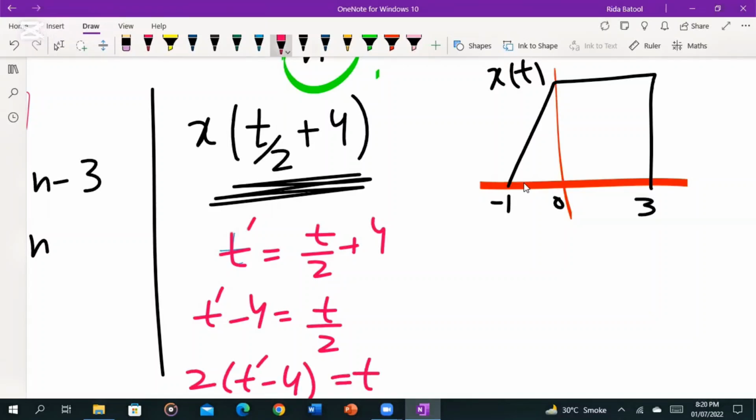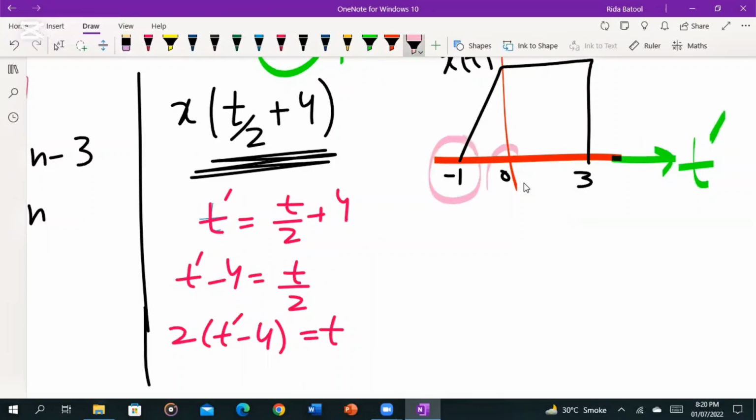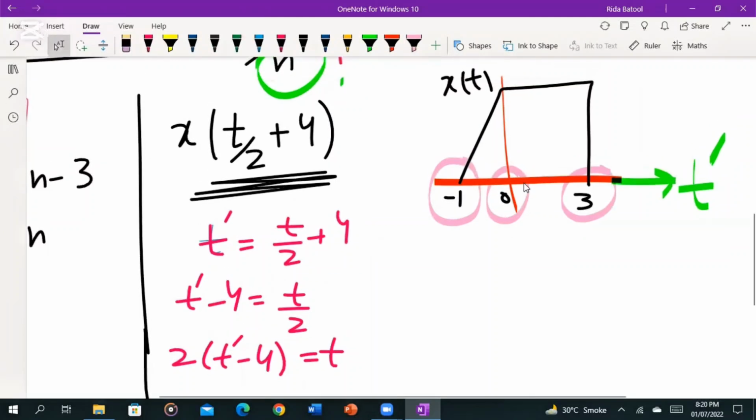Now, let's sketch it. So you have to take only the values of t prime at which the signal is being changed.